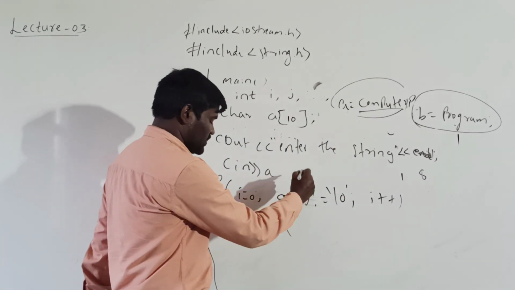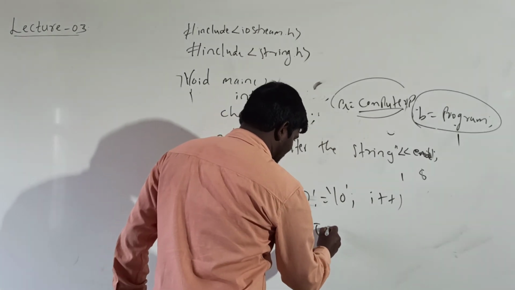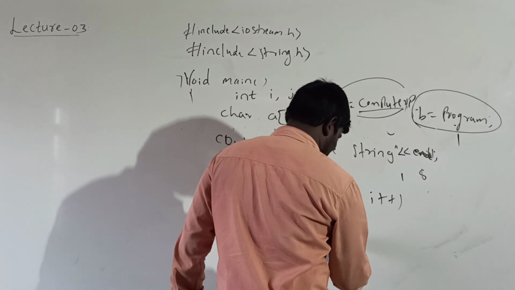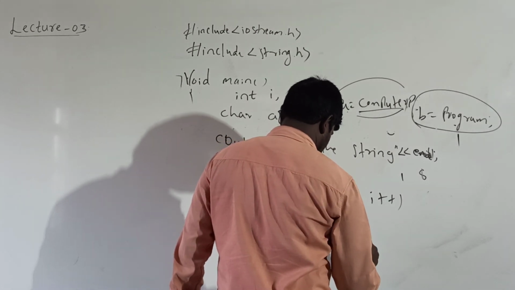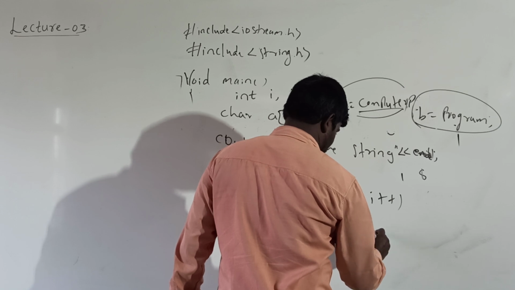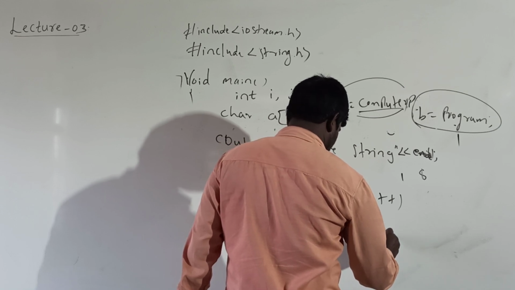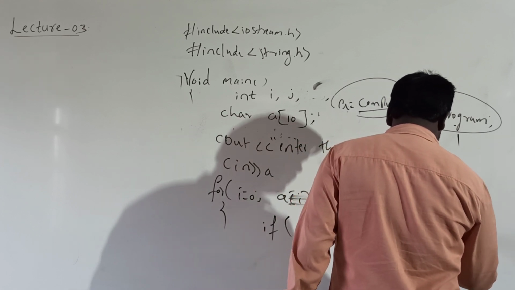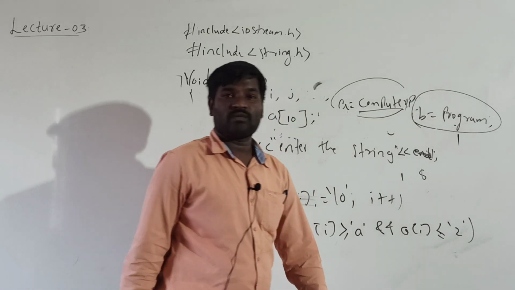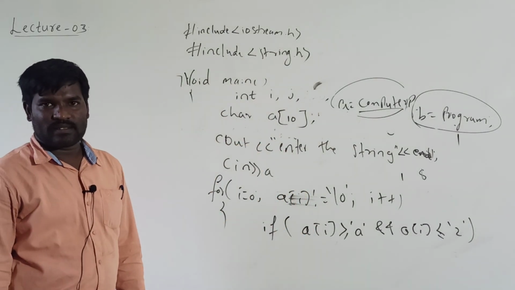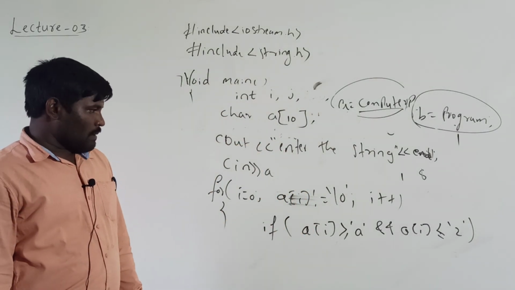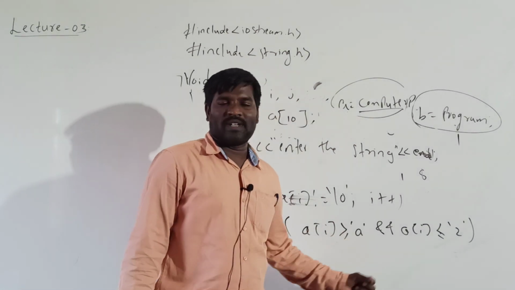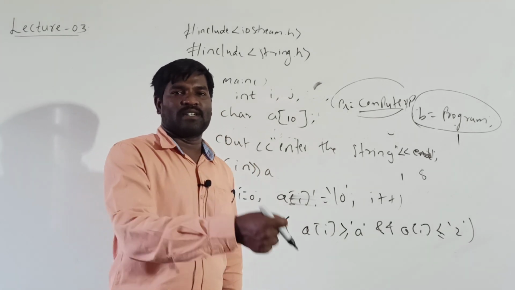That's why if A of I is greater than or equal to small a, and A of I is less than or equal to small z. Because if it is lowercase, it can be converted into uppercase.